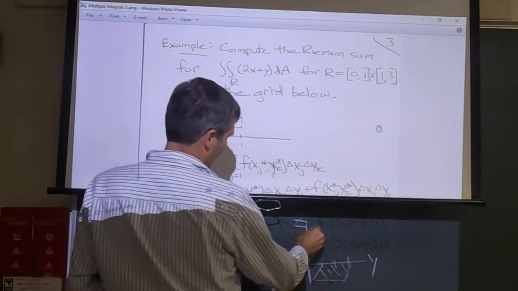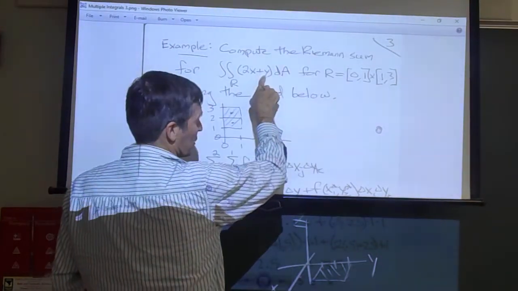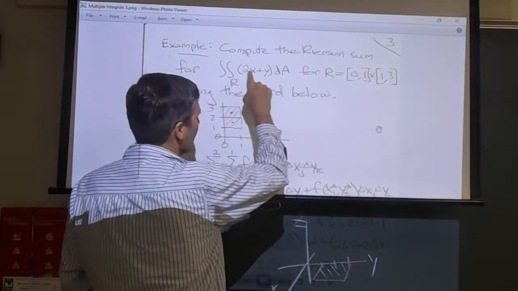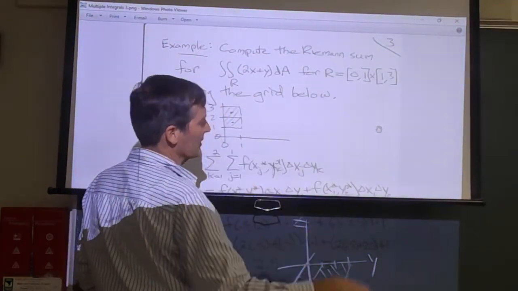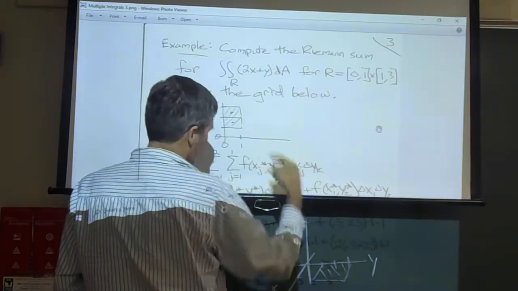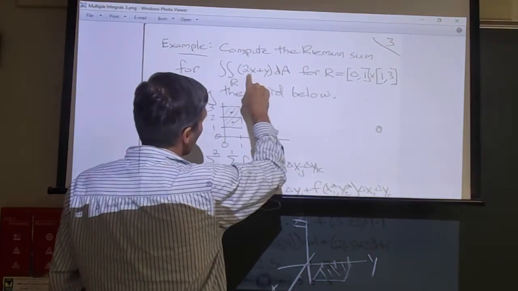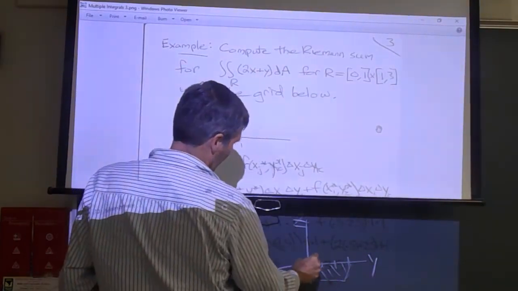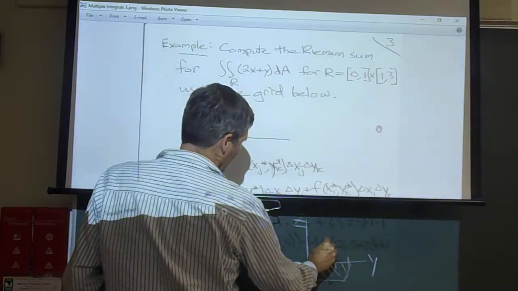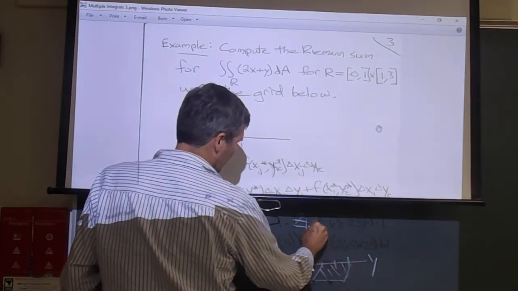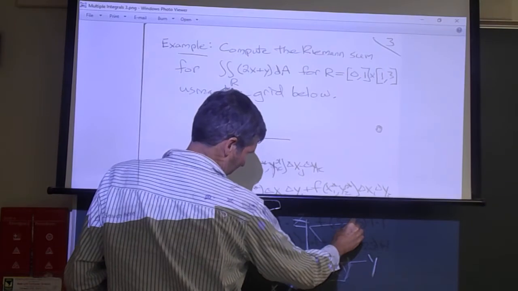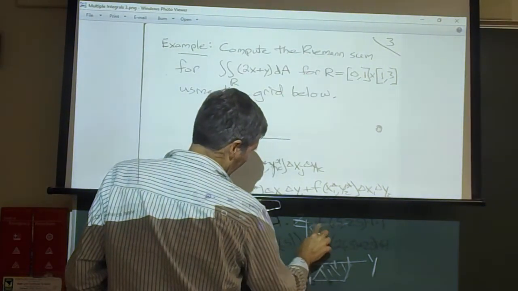Well, if you think about it, z equals 2x plus y is a plane, right? Ax plus by plus cz equals d is always a plane, and that's what z equals 2x plus y is. And moreover, it goes through the origin, and so this is the volume below a plane that sits over this region. Something like this.